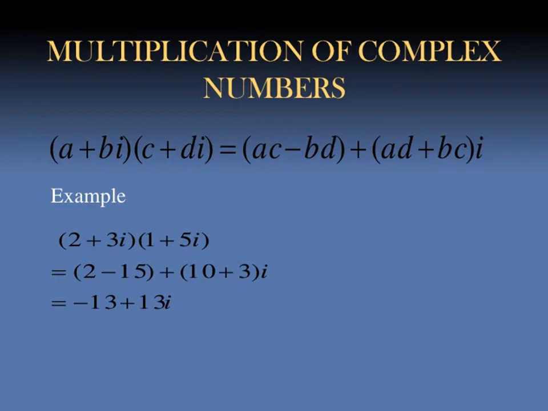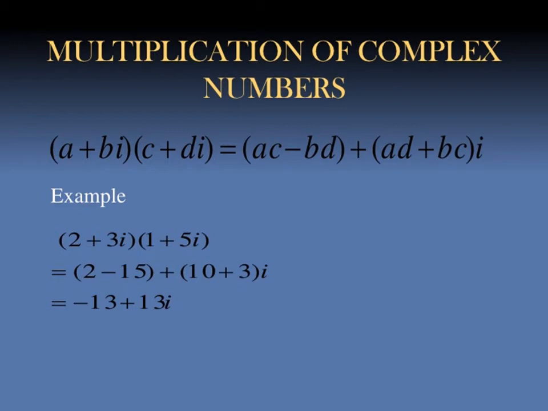Therefore, we take the real parts, that is 2 minus 15 in the first bracket, and plus we separate the imaginary part of the multiplication: 2 into 1 is 2, and 2 into 5 is 10, 3 into 1 is 3, that is 10 plus 3, and separately we write i outside the bracket. 2 minus 15 becomes minus 13, and 10 plus 3 becomes 13, and i.